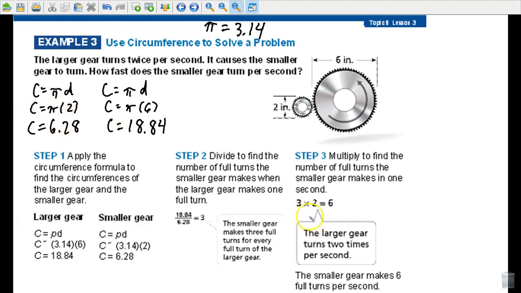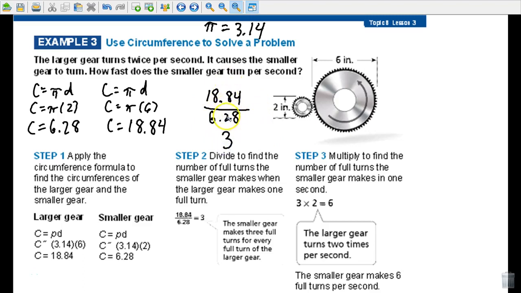So now you have to divide these two numbers to find out how many full turns the smaller gear makes when the larger gear makes one full turn. So we would do 18.84 divided by 6.28. And that gives us 3.